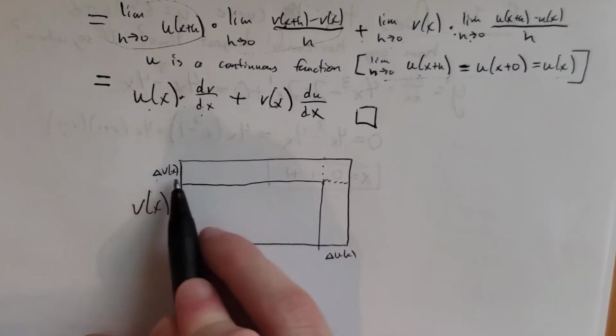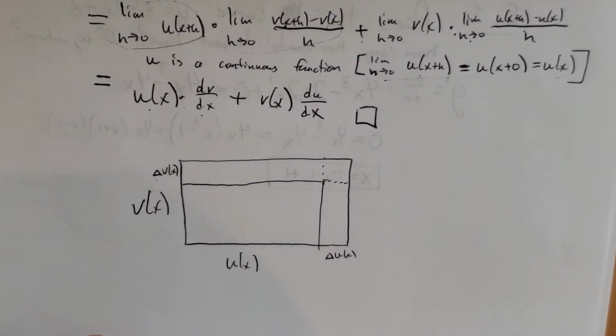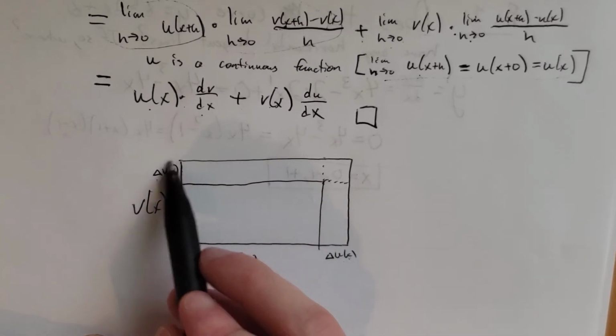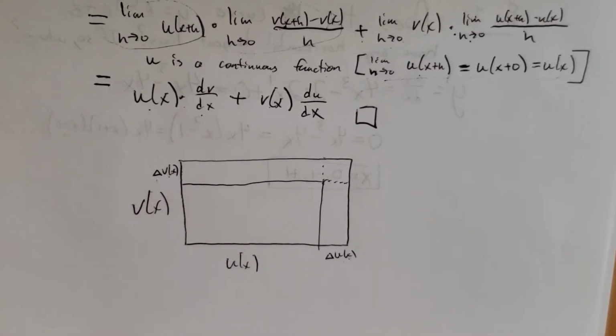This little triangle means change in, just as a reminder. So you have some change in v of x and change in u of x. This change is given by an increase in x, right? As we add some h to the independent variable in here, we're going to get some change in u of x, and we'll also get some change in v of x.